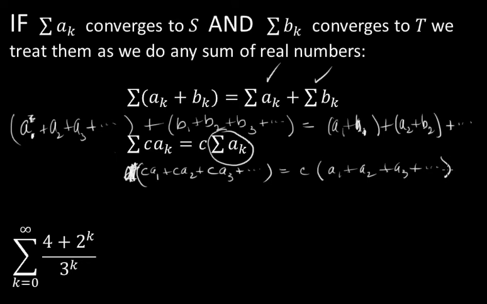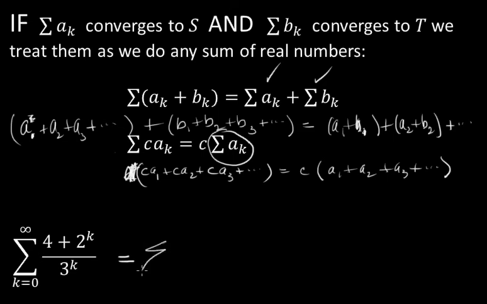But the only time you can do something like this is if you know that the sigma a sub k is a meaningful mathematical object. You can't factor c out of something that makes no sense, so you have to make sure that the series are convergent before you can use these little algebra techniques, the distributive property and the commutative property. An example where you can is here.